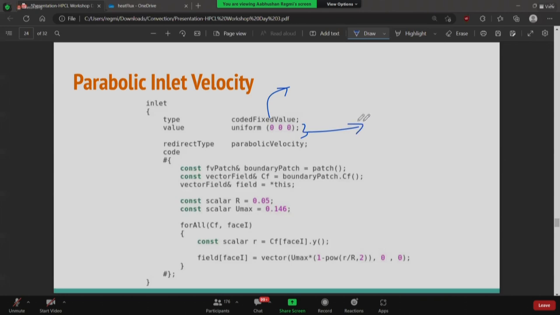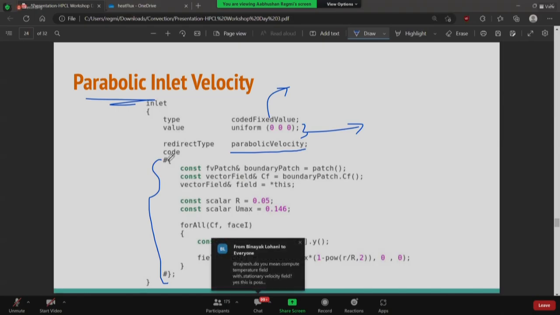This is just a placeholder; it won't do anything here. We name our velocity profile parabolic velocity, and this is the actual code that gives the parabolic inlet velocity profile. We type code and this bracket, and this will open C++.